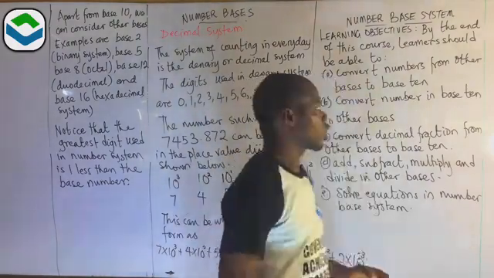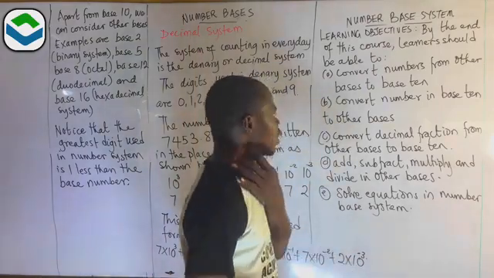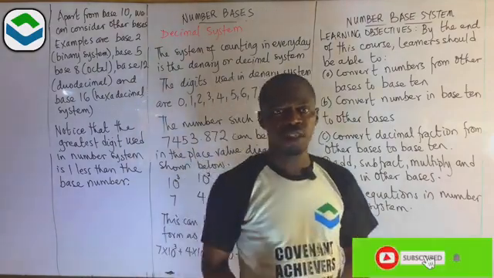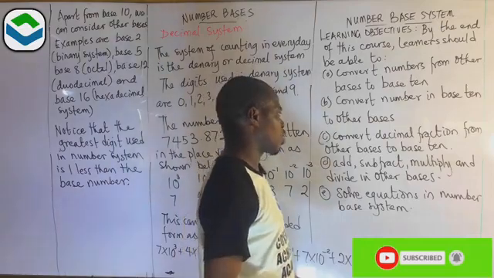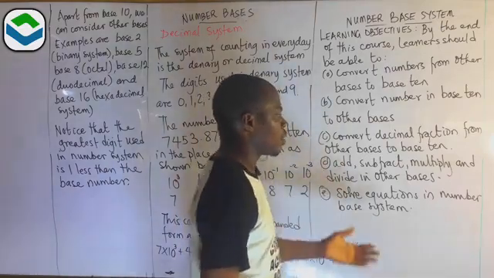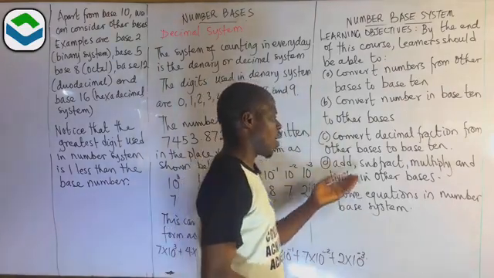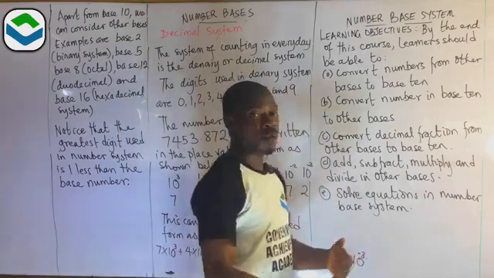The second is to convert numbers in base 10 to other bases. Then, convert decimal fractions from other bases to base 10. And also we are going to add, subtract, multiply, and divide in other bases.